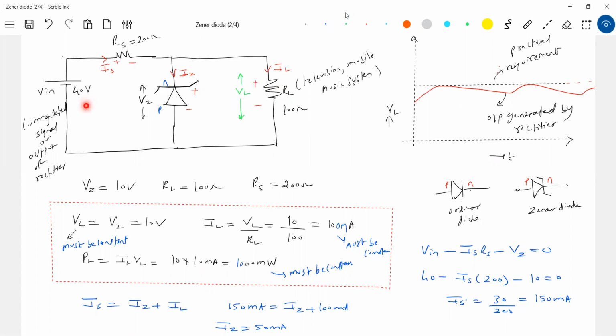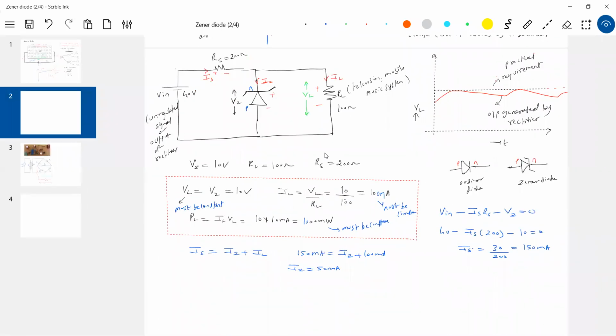Vin becomes 45 volt. If it becomes 45 volt, they should not change. Then you can say, okay, it's a good circuit. Then we will see that the current through the load and voltage across it remain constant. The Zener diode, how is it possible? Let's take it into the mathematics here. So there's the initial part, that's what we designed.